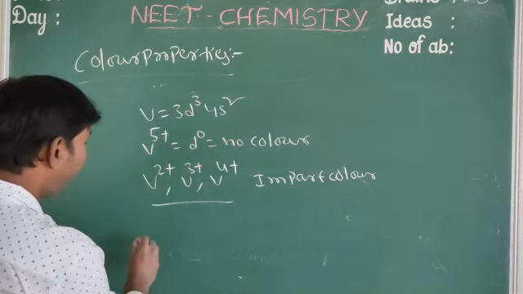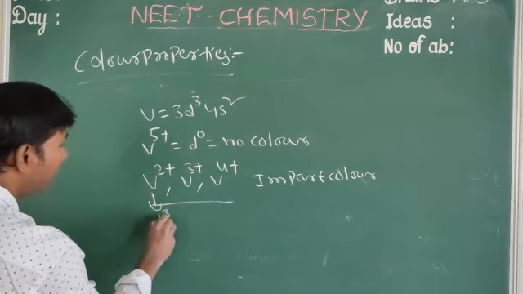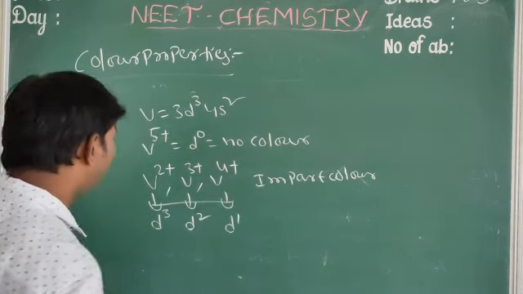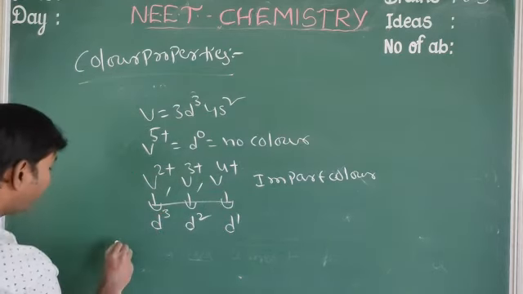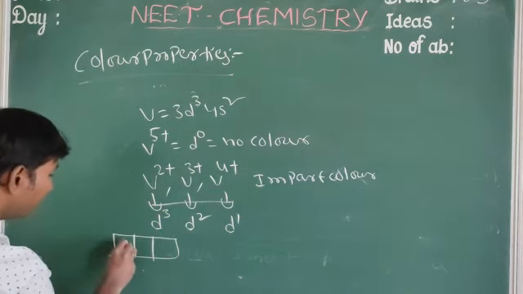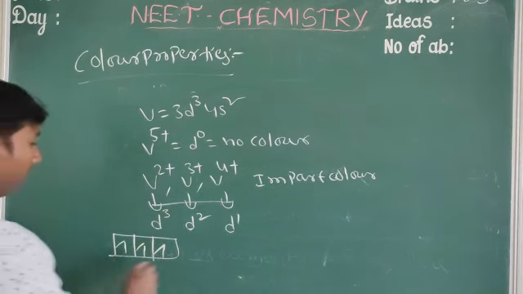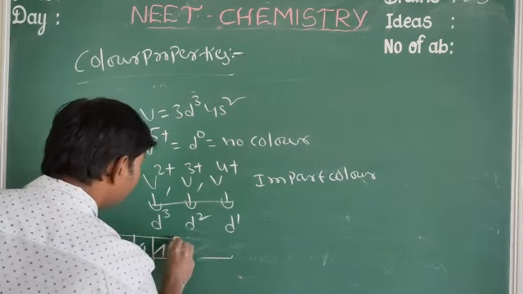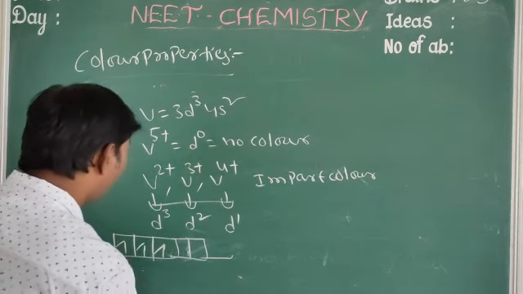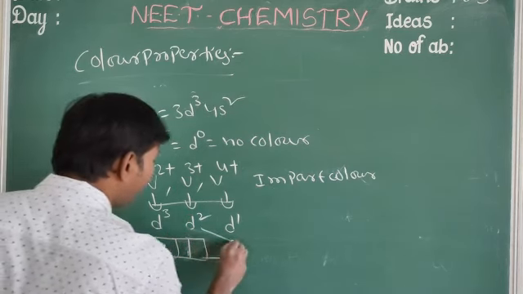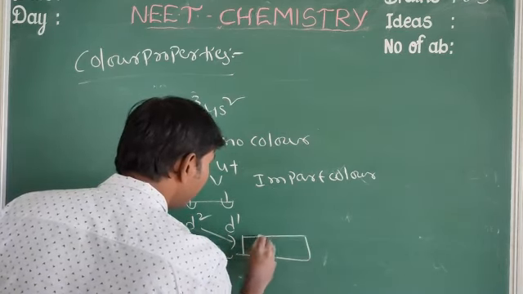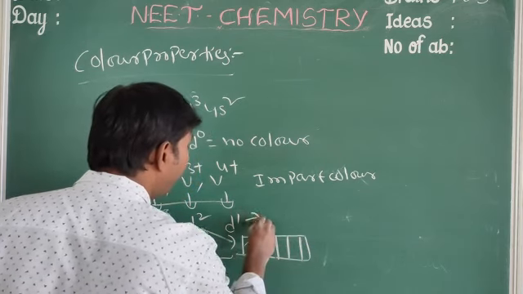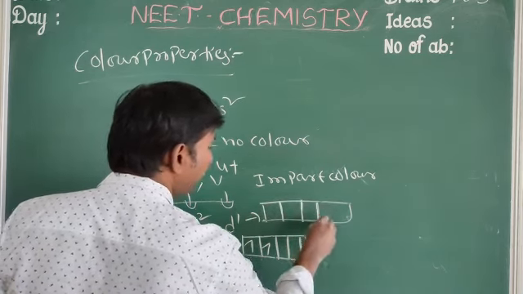Vanadium 2+ means d3. Vanadium 3+ means d2. Vanadium 4+ means d1. Here d3 means 3 unpaired electrons present, d2 means two unpaired electrons present, and d1 means one unpaired electron present.